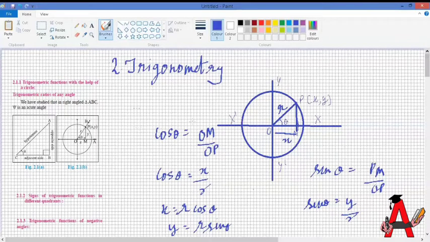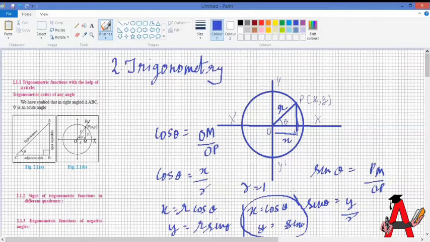And in case the circle has unit radius, that is R is equal to 1, x will become cos theta and y will be equal to sin theta. Your entire trigonometry is based on these two things. So in short, even if you remember x is equal to cos theta and y is equal to sin theta, it's perfectly fine for you.